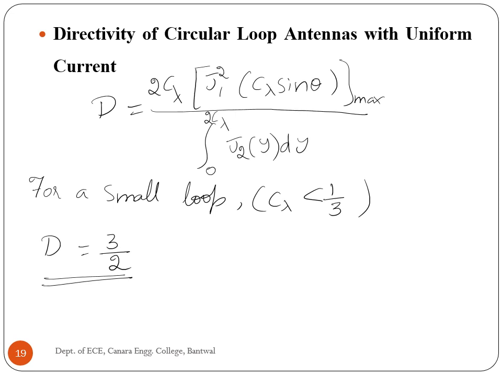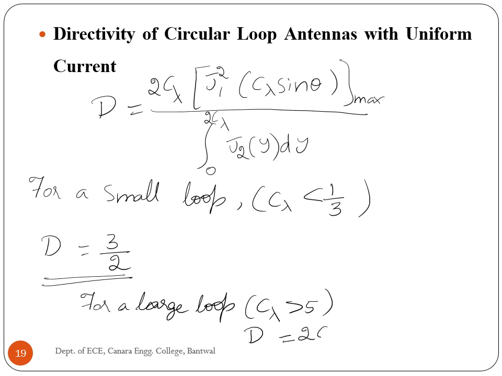For a large loop, that is C lambda is greater than 5, directivity is equal to 2 C lambda J1 square of C lambda into sin theta.